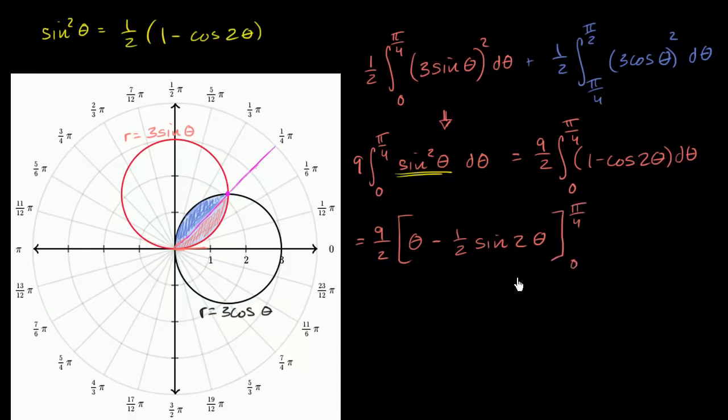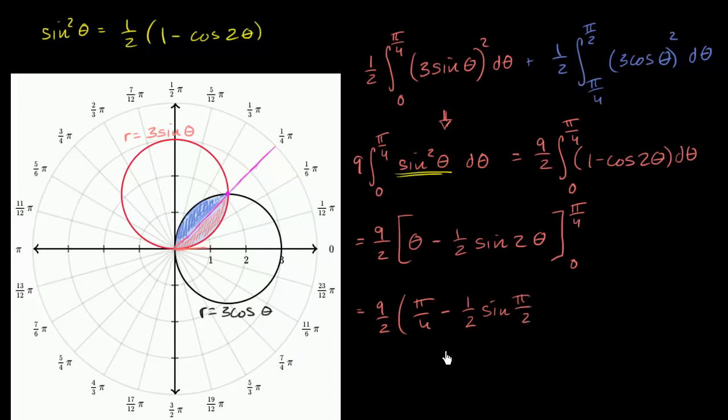If you evaluate this thing at 0, this whole thing is going to be 0. So we really just have to evaluate it at pi over 4. So this is going to be equal to 9/2 times pi over 4 minus 1/2 sine of 2 times pi over 4, which is pi over 2.